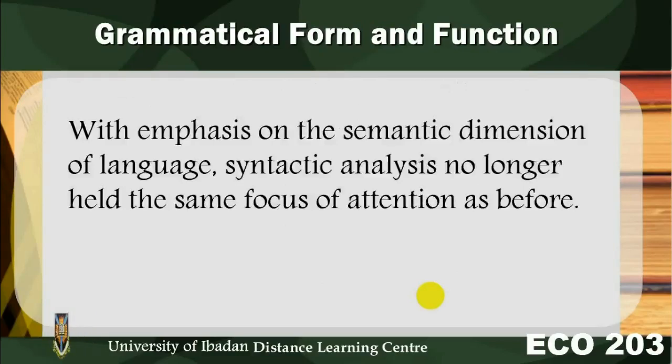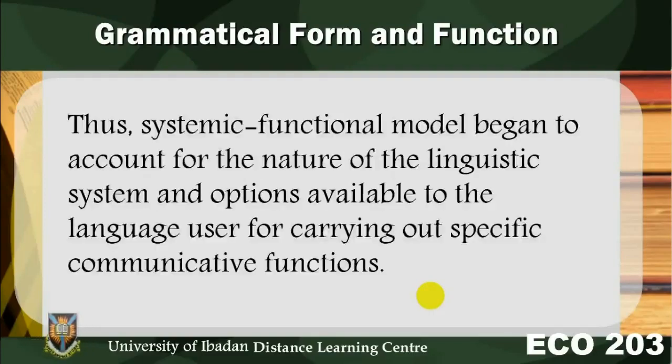Syntactic analysis no longer held the same focus of attention as before. Thus, the systemic functional model began to account for the nature of the linguistic system and options available to the language user for carrying out specific communicative functions.